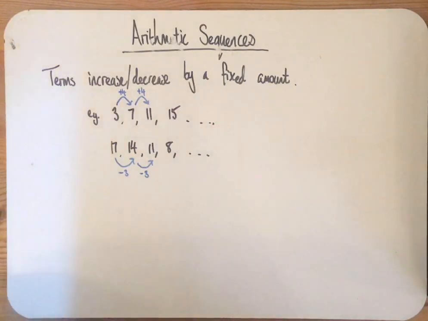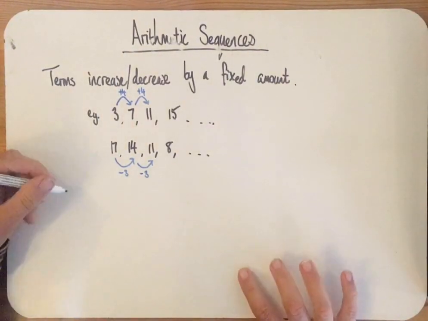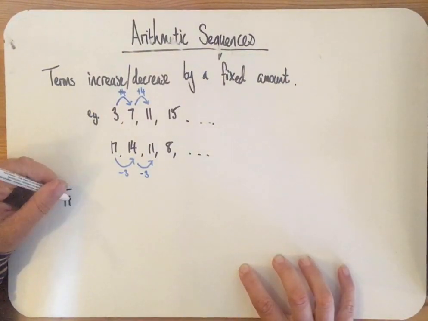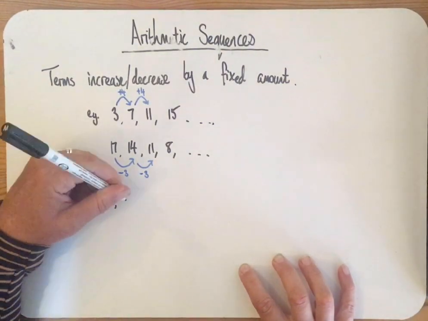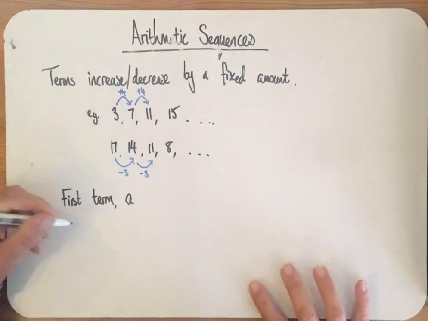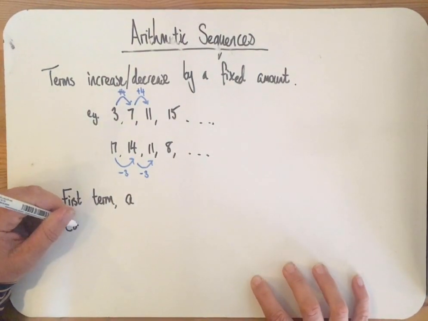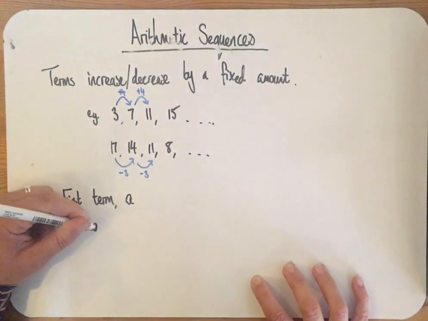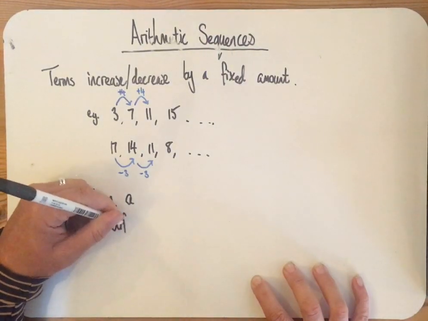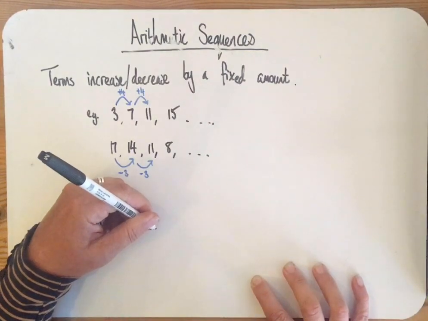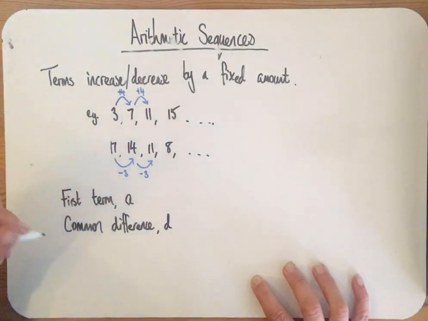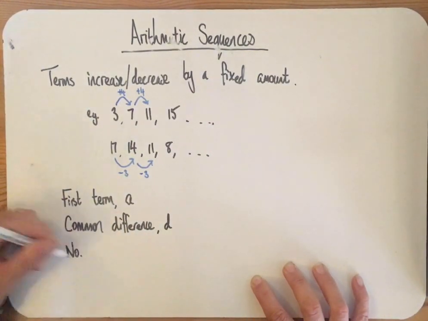We need a little bit of a formula for the nth term of an arithmetic sequence. The first term is denoted with A. For once the letters kind of make sense. The common difference is D. And the number of terms is n.